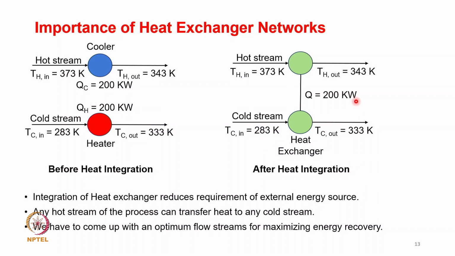The outlet of the hot stream would be lower because you transfer the heat from the hot stream to the cold stream, and it would be 343 as expected. This eventually results in an increase of the cold stream temperature.